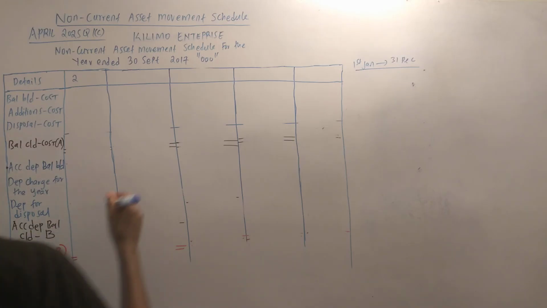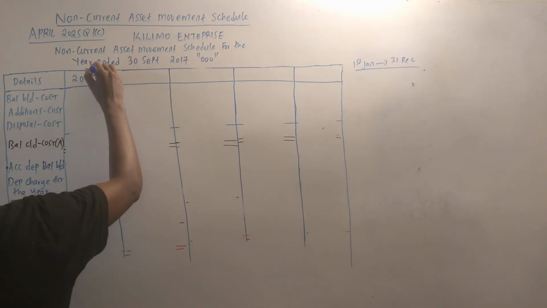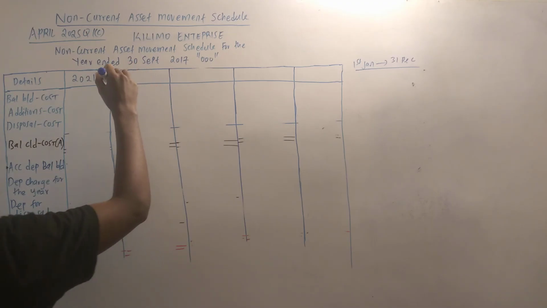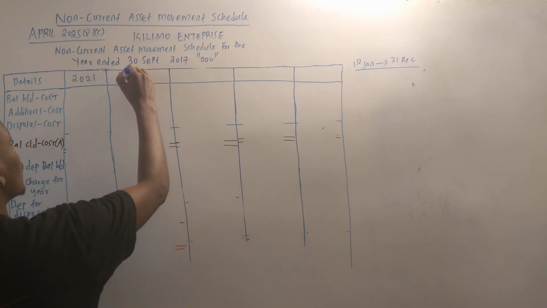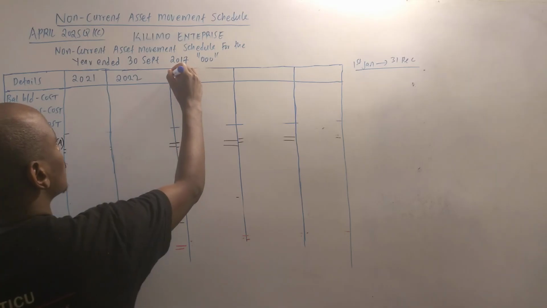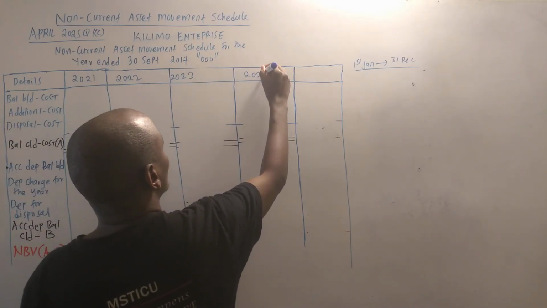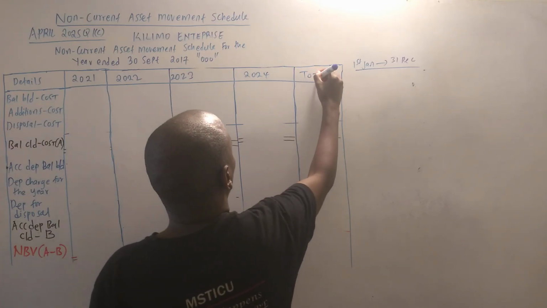We have different years: 2021, 2022, 2023, then 2024, then total.